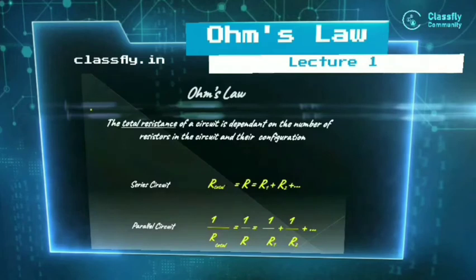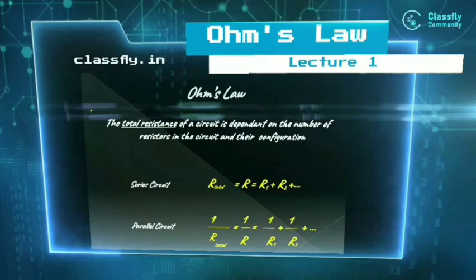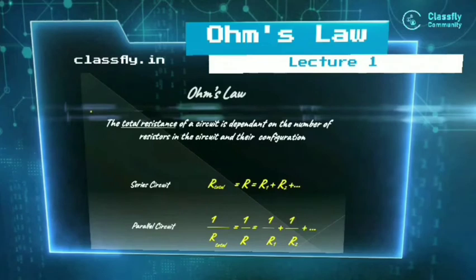Now, Ohm's law. We have two types of circuits. Let's read the statement first. The total resistance of a circuit is dependent on the number of resistors in the circuit and their configuration. Think there are 5 resistors, R1, R2, R3, R4, R5. The total resistance, R total, will depend on all the 5 resistors.